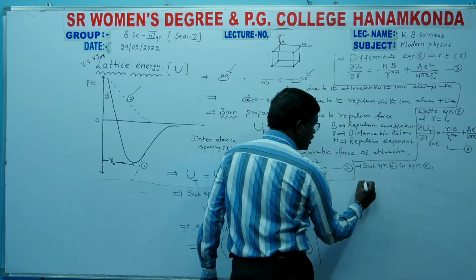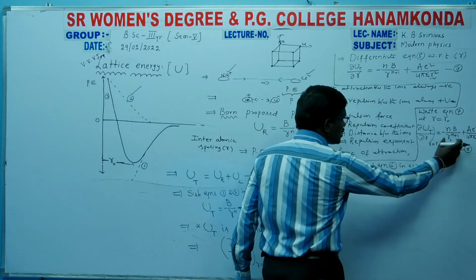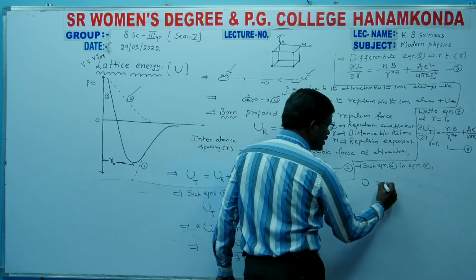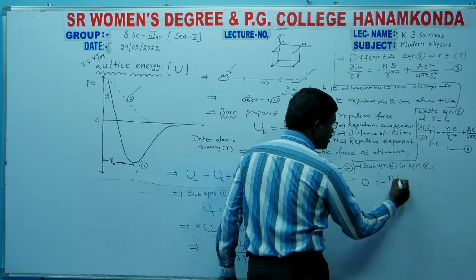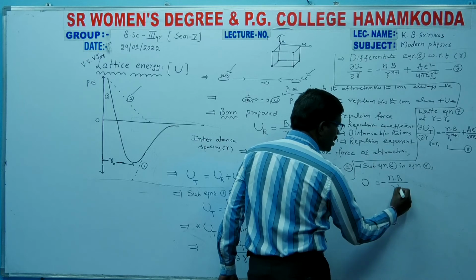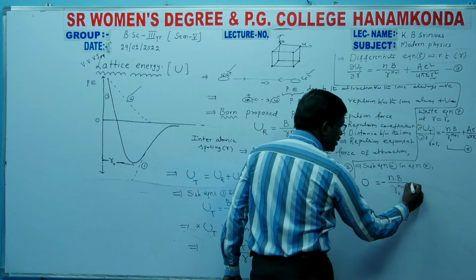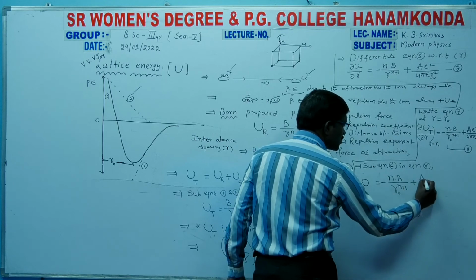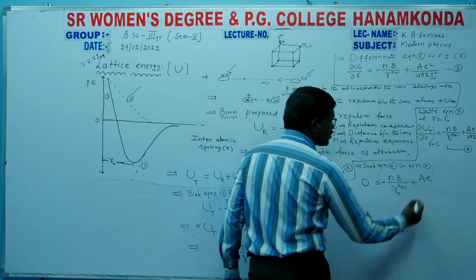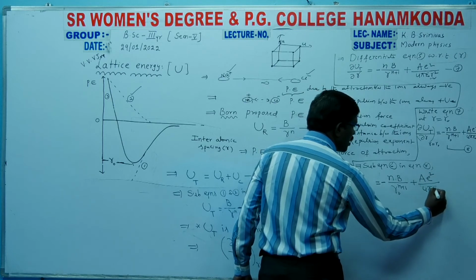Simply I am writing here 0, which is equal to, coming to the first term as it is, that is minus n into b whole divided by r naught to the power of n plus 1. Coming to the second term, it is also as it is, that is plus a e square by 4 pi epsilon naught r naught square.